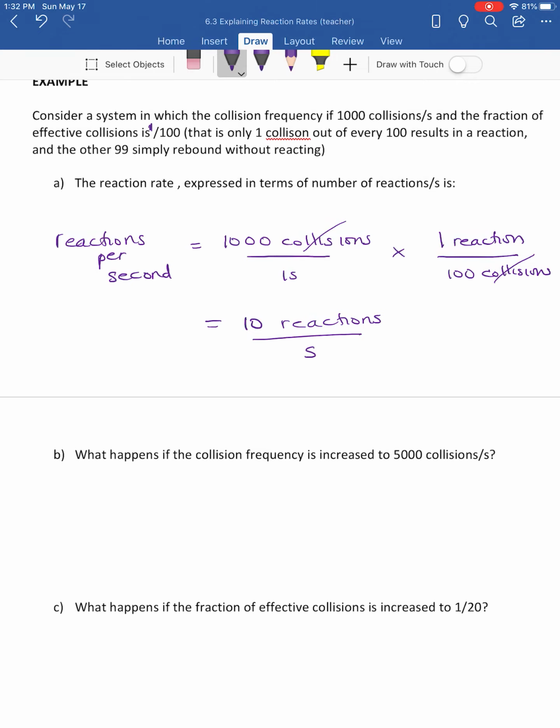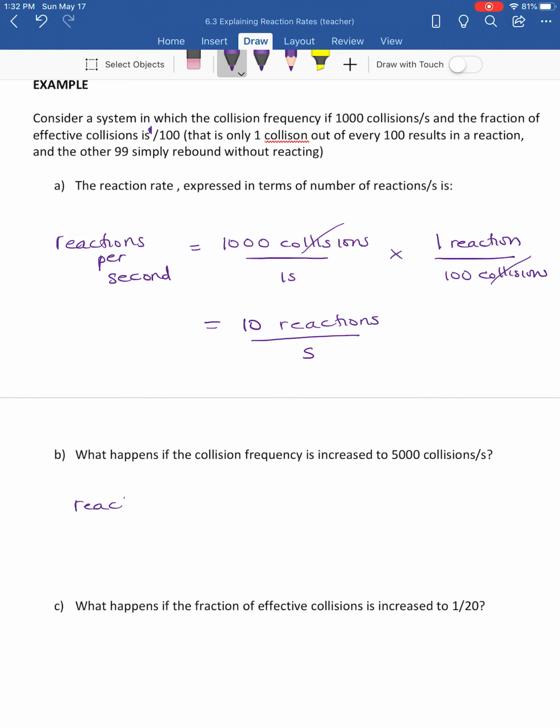So let's take a look at this math. So we're going to look at my rate, because this is your rate, reactions per second. We will do 5,000 collisions for 1 second. That happens.